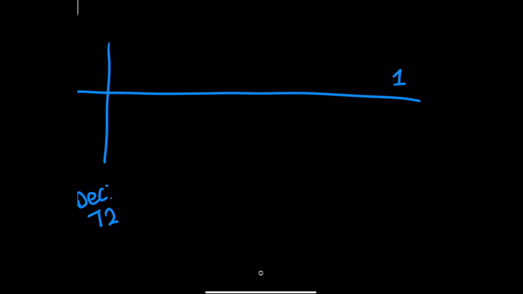So let's say 1, 2, 2 doubled is 4, 4 doubled is 8, 8 doubled is 16, 16 doubled is 32, 32 doubled is 64, and 64 doubled, because 64 is still not greater than 72. You always need the number in front of it to be greater, so you put 128.